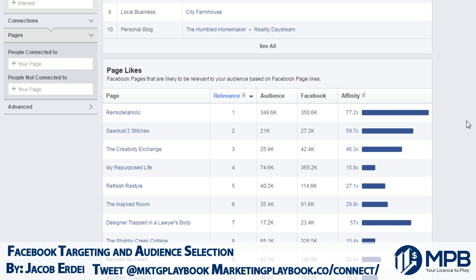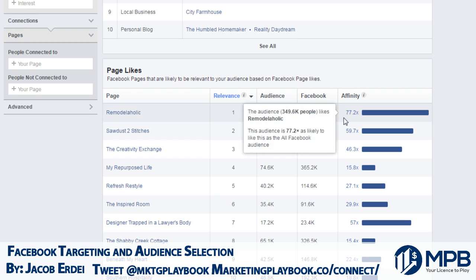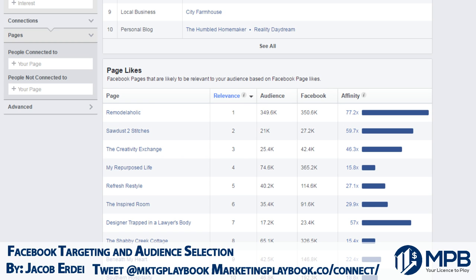And of course, because it's remodeling, right? That's extremely high. So if I did nothing else but target this one specific group, I'm going to hit people 77 times more likely than other Facebook groups.